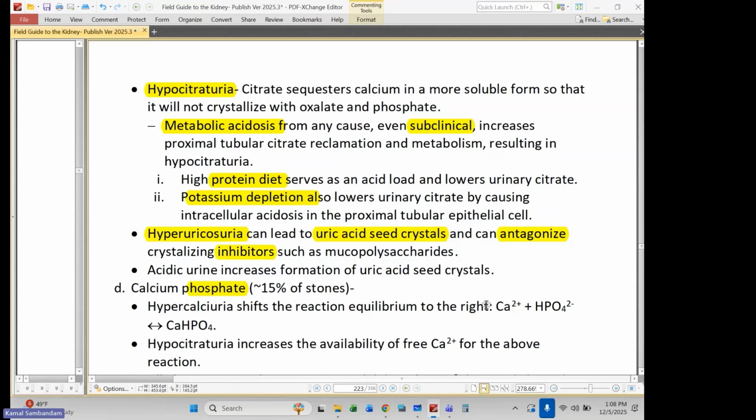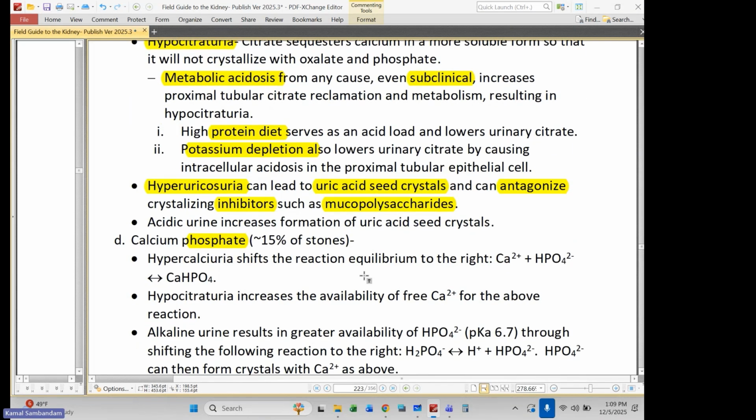Some thinkers in this space say a colloidal form of uric acid can start to bind up some mucopolysaccharides, including things like Tamm-Horsfall protein, which actually inhibits stone formation. That can be affected by the uric acid content of your urine. So as a last-ditch effort, we can sometimes affect calcium oxalate stone formers by addressing their hyperuricosuria.